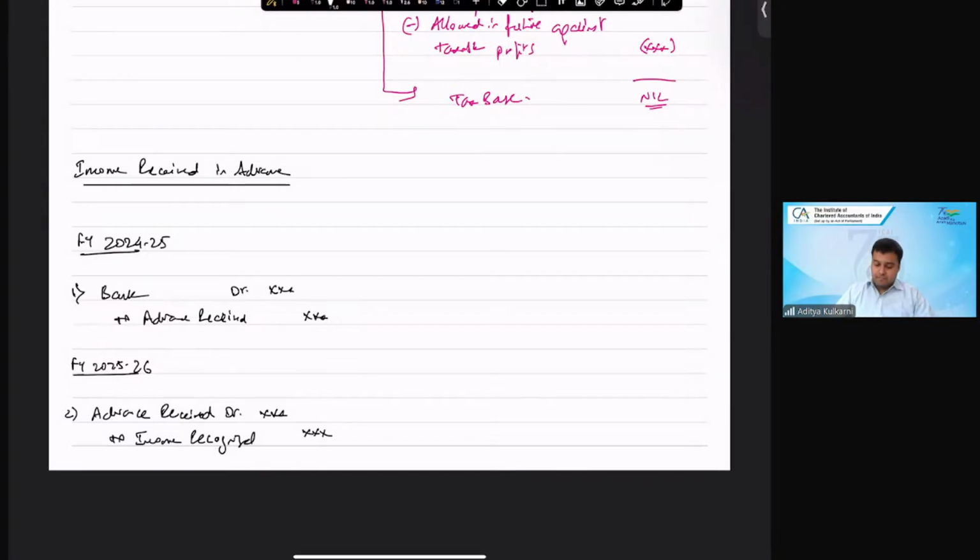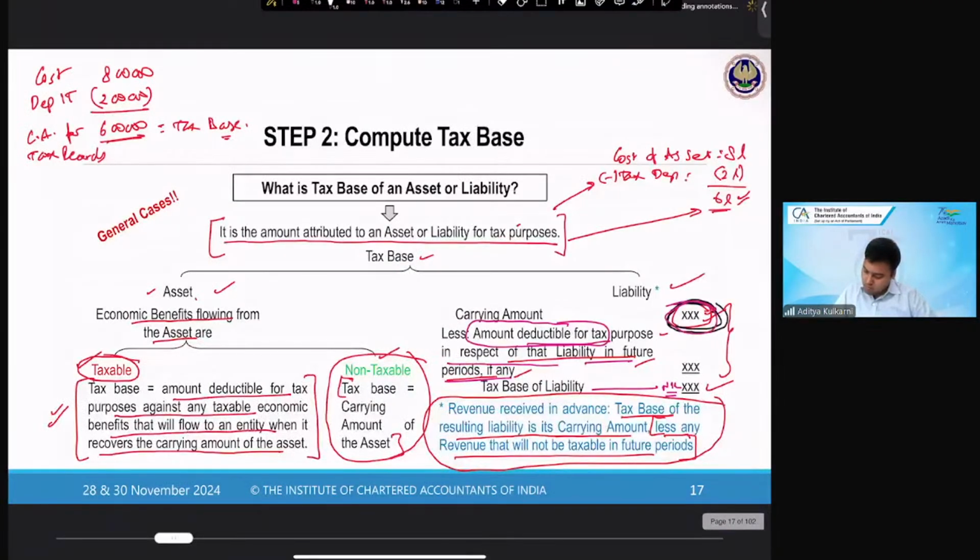I am booking the income. Now, tax base of the resulting liability.